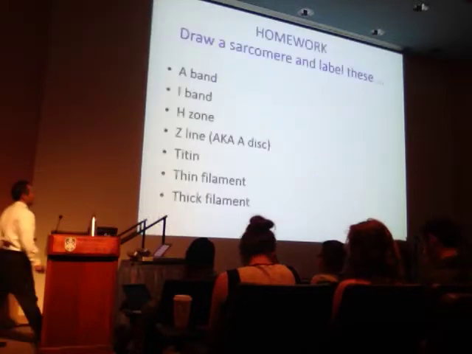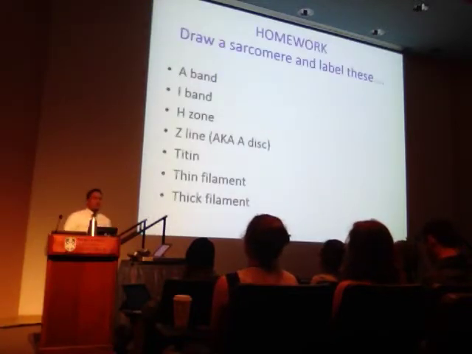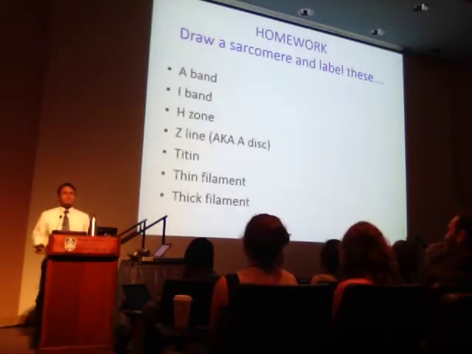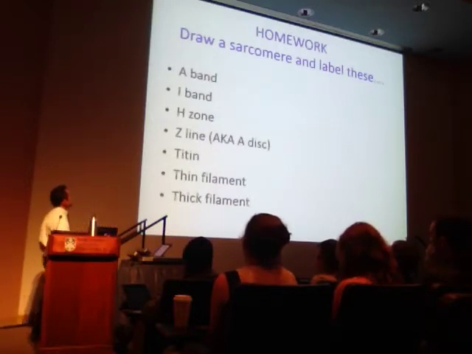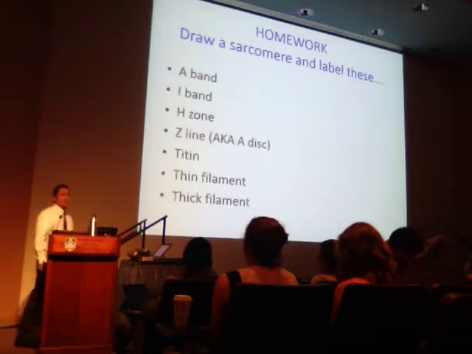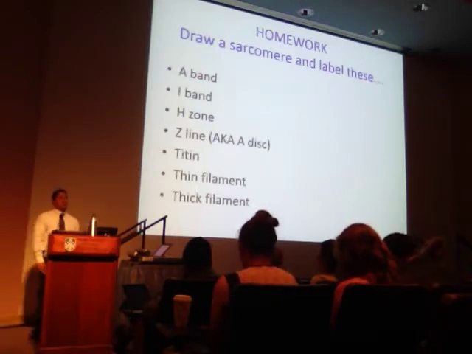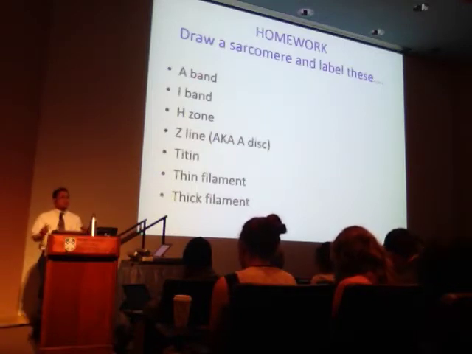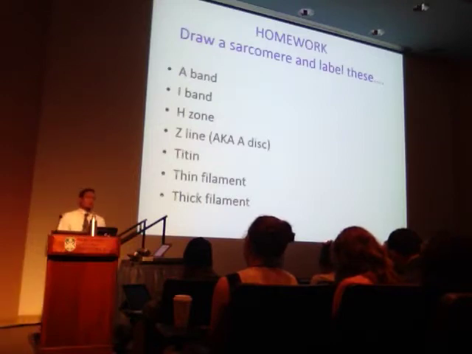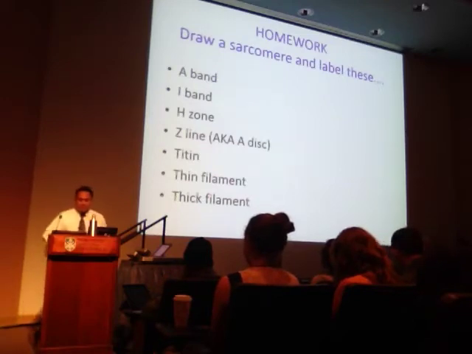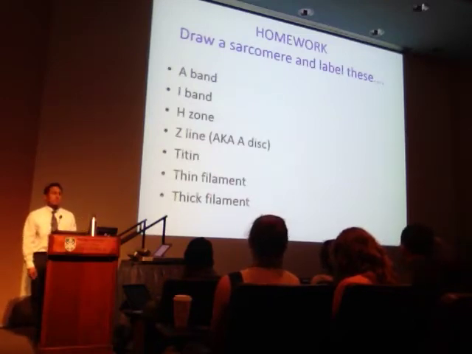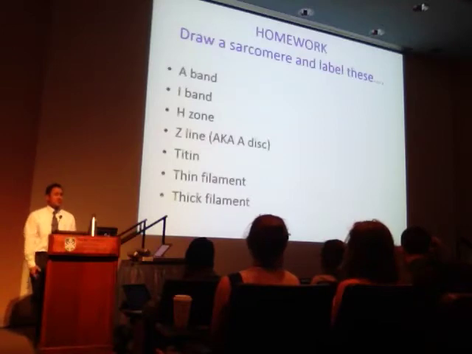All right, so you guys really should be working on some homework and understanding structurally where these features are located. Okay, the objectives for this component are that if you can draw a sarcomere and label these parts, you're probably doing pretty well architecturally, or structurally, anatomically.